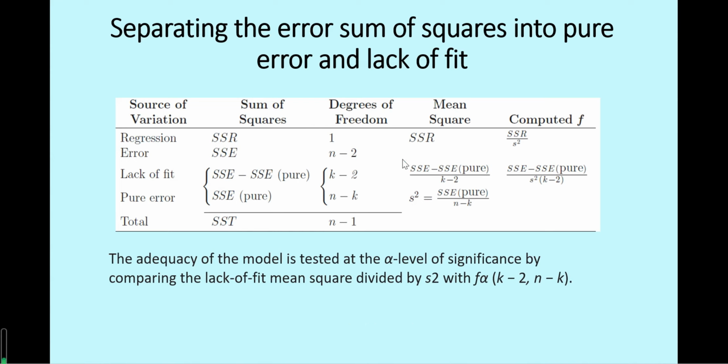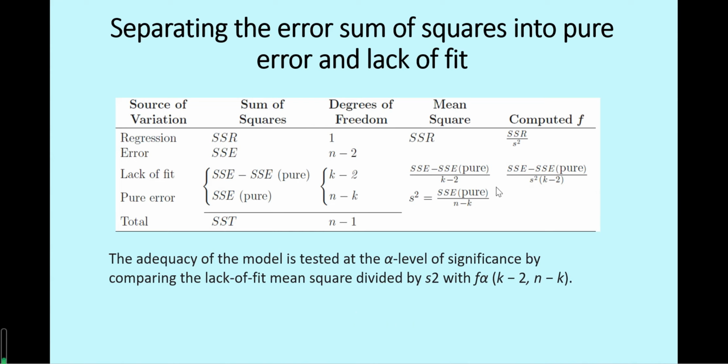And the lack of fit is the difference of these two parts, divided by its degrees of freedom. This part is the F value, because these two parts both have chi-square distributions, and the division of these two parts, each divided by its corresponding degrees of freedom, will follow an F distribution.